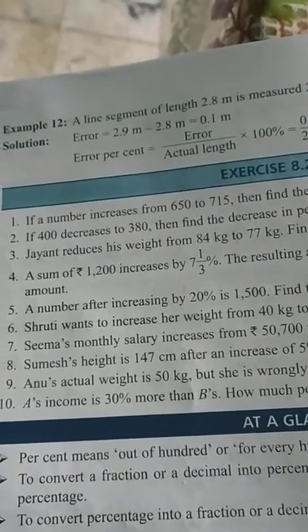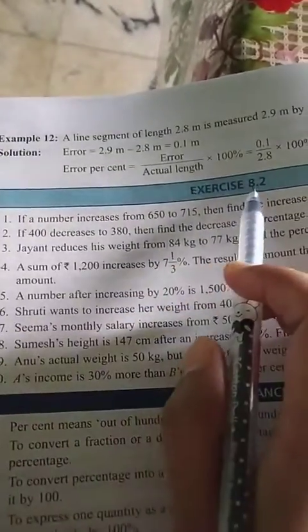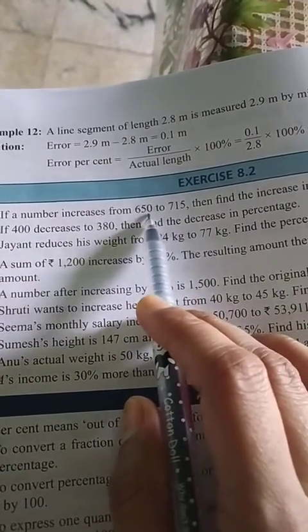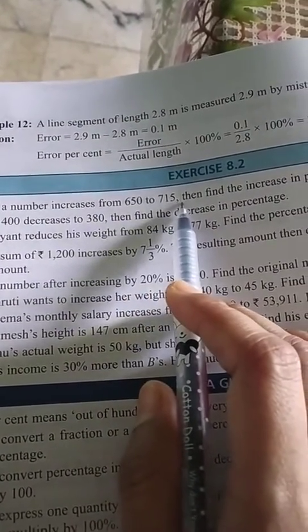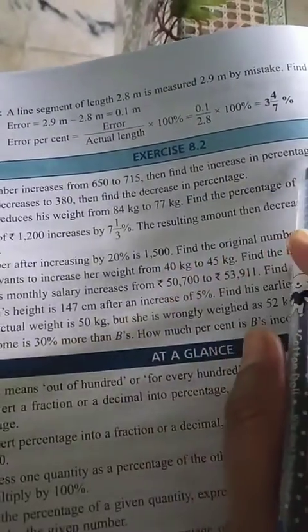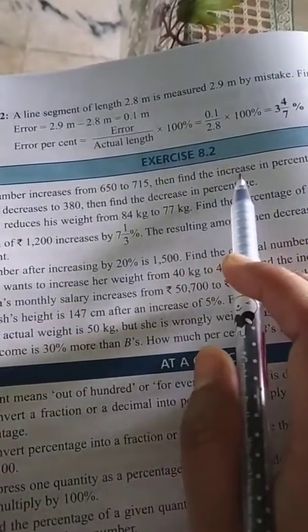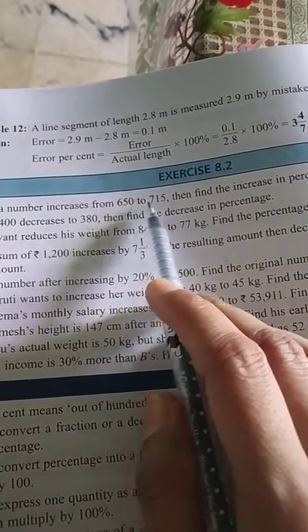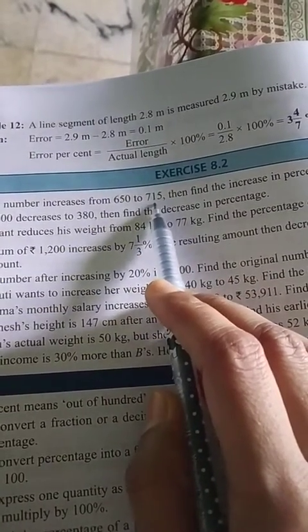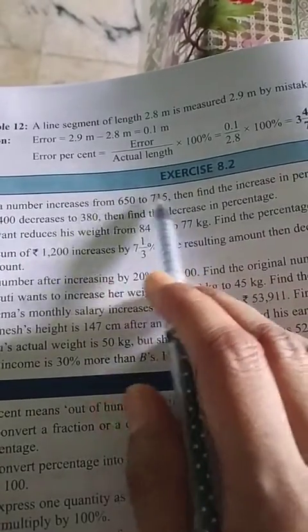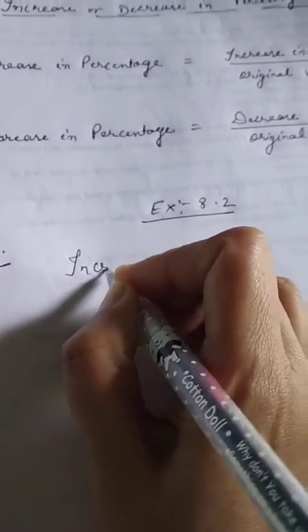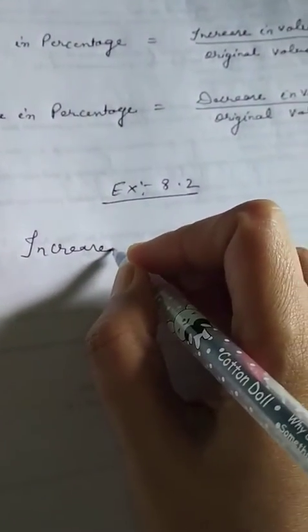Let's see question number 1 of exercise 8.2. If a number increases from 650 to 715, then find the increase in percentage. The original value is 650 and the increased value is 715. First of all, we will find the increased value, then we will change that into increase percentage.